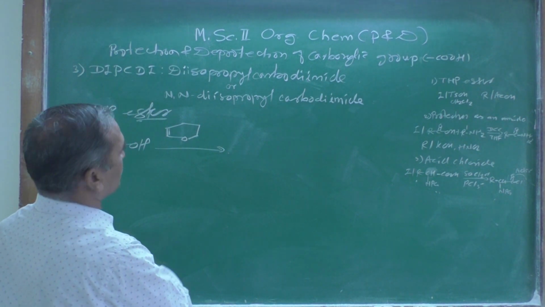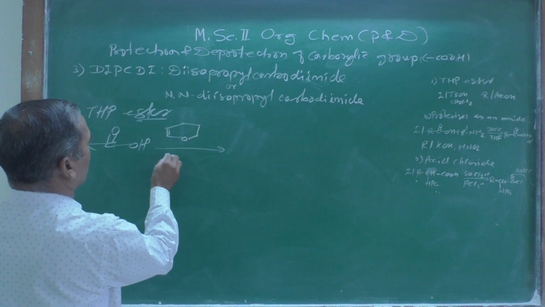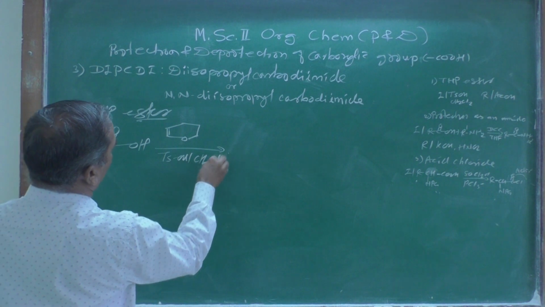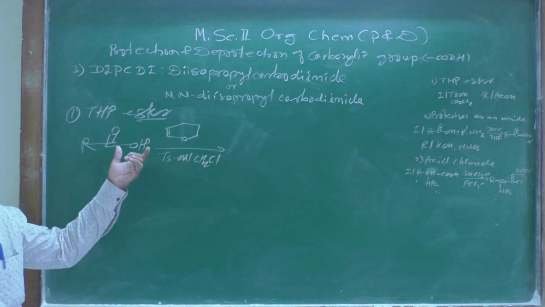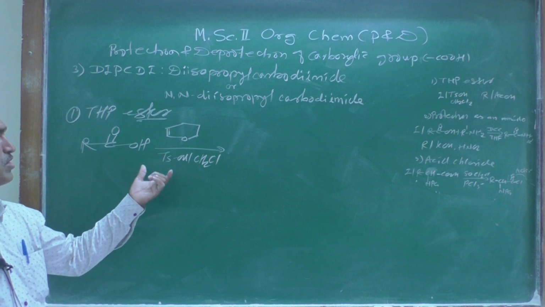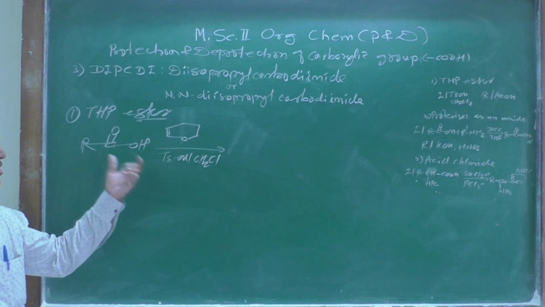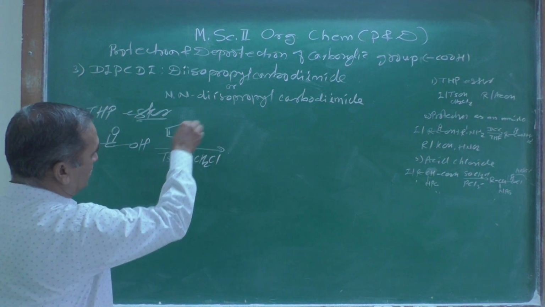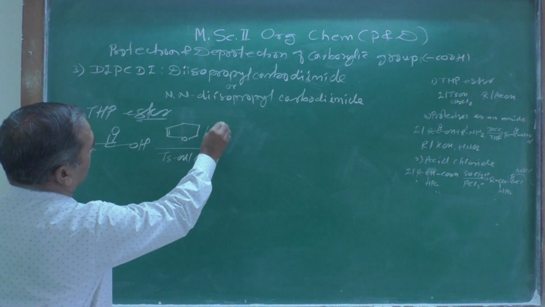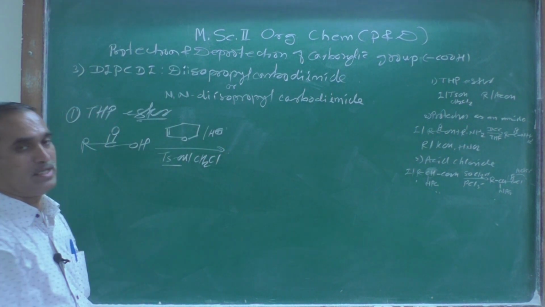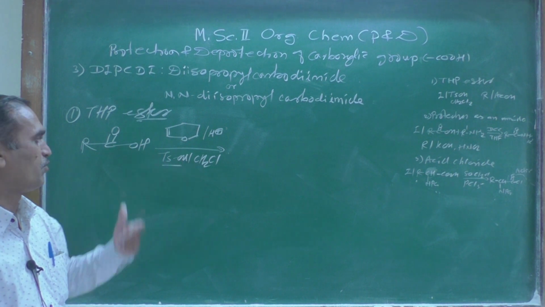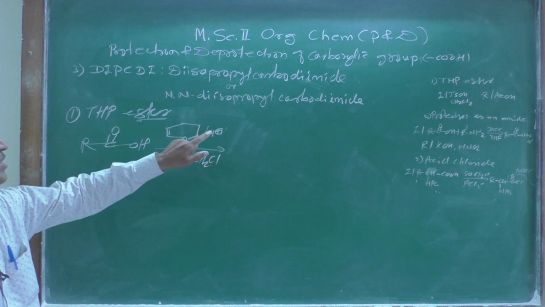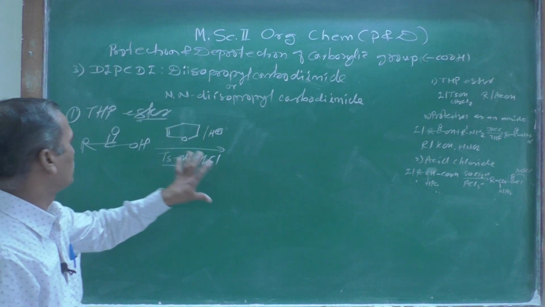tetrahydropyran, in the presence of TsOH and CH2Cl2. This is para-toluenesulfonic acid, used here as an H plus source, as in the previous case. The pyran in presence of H plus, given by this tosylsulfonic acid, and CH2Cl2 is the solvent used.